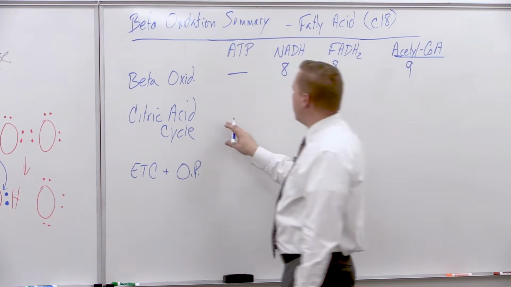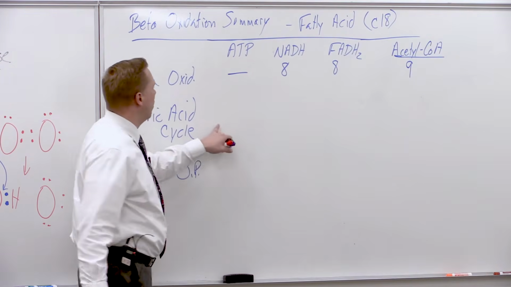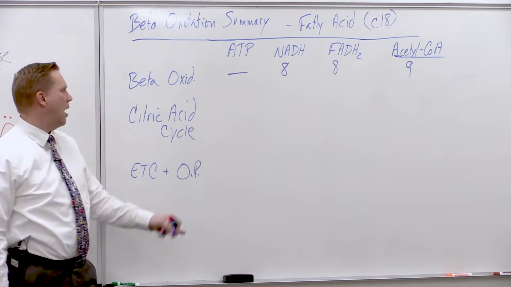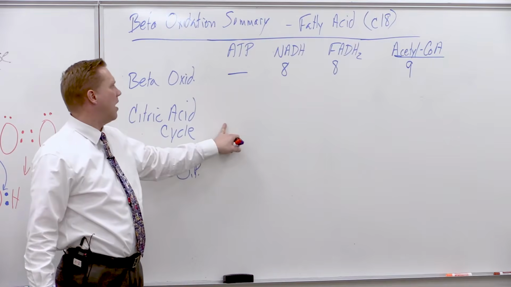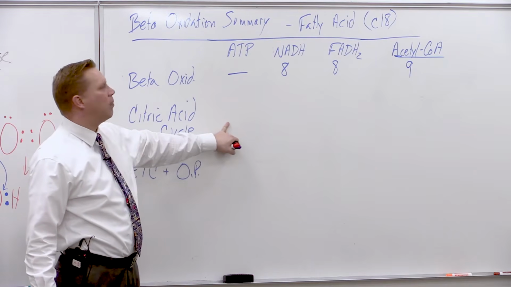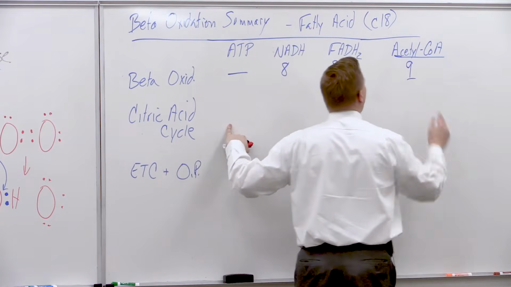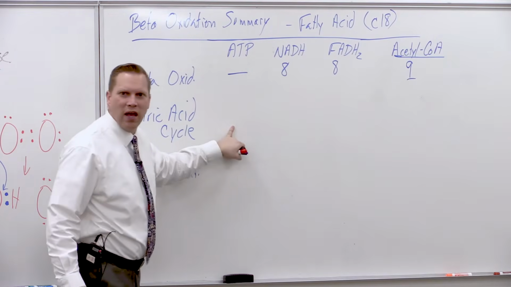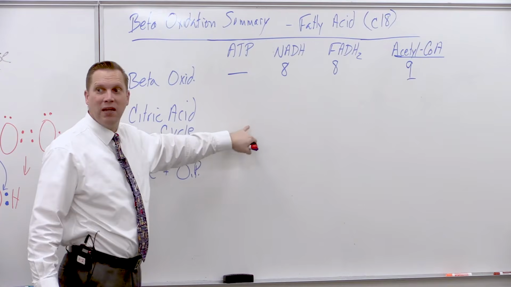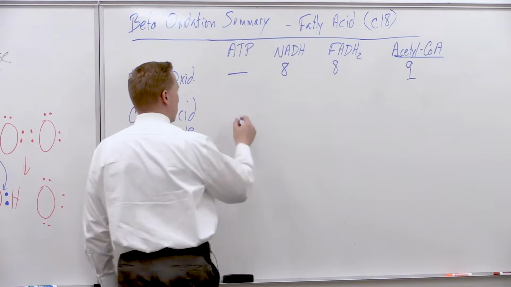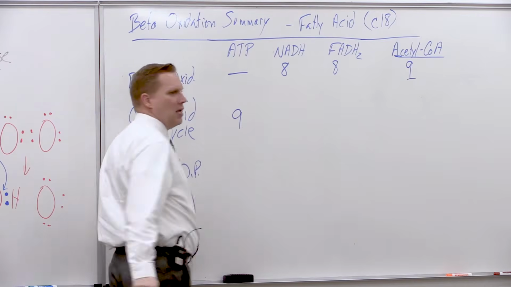Now we come to the citric acid cycle. When we did glycolysis and cell respiration over there, we ran twice through the citric acid cycle. But now with beta oxidation, each acetyl-CoA goes through the citric acid cycle. So we're actually going to run this 9 times. If we run it 9 times, I'm going to get 9 ATPs.